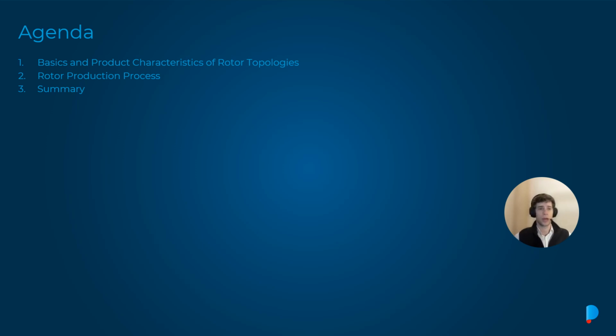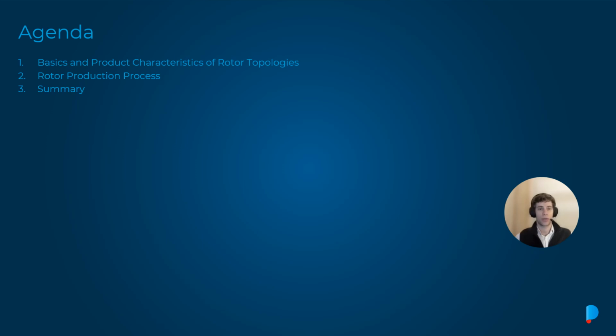This will be split up into the 3 topologies we see in the market: the permanent magnetic synchronous machine, the externally excited synchronous machine, and the induction machine. To be clear, we use all of these machines as motors, so the names motors or machines are similar.